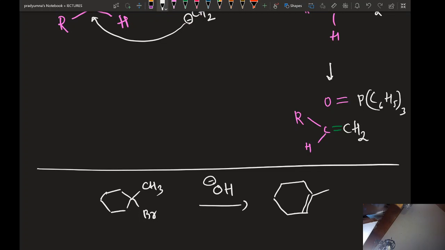Instead of a terminal alkene, you're going to form the alkene within the ring, because this is the more substituted alkene.